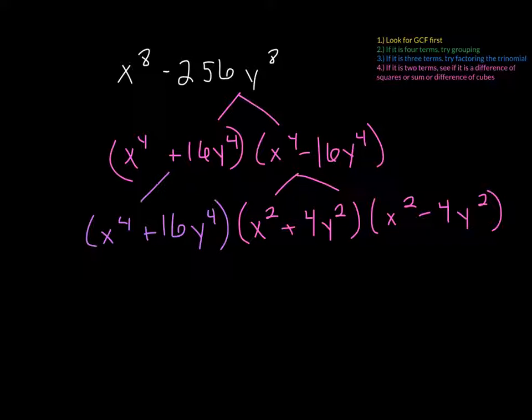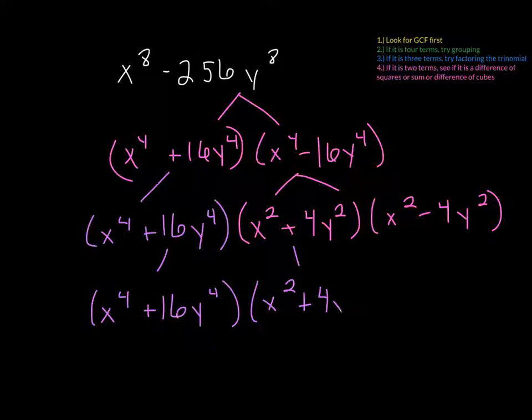And then we have another sum of squares, which we can't do anything with. Still, we'll bring that down. Here's another one we can't do anything with. We'll bring it down. Notice I either bring it down, leaving it exactly the same, nothing changes, or we break it into 2 factors.